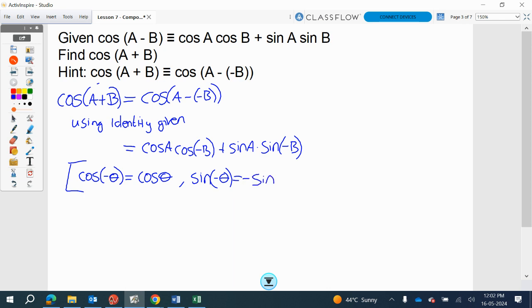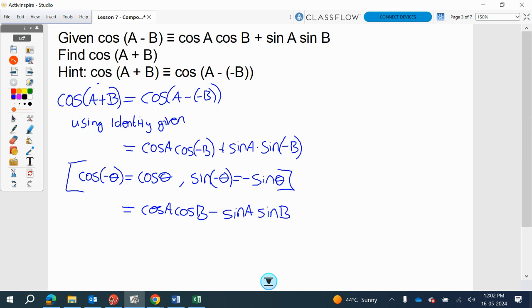You can get these from the unit circle, so you can just quote the unit circle. You can visually see them in the unit circle, or you can just quote the formula if you don't actually know it. That will work. So that's going to give us cosine A, cosine B, minus sine A, sine B.